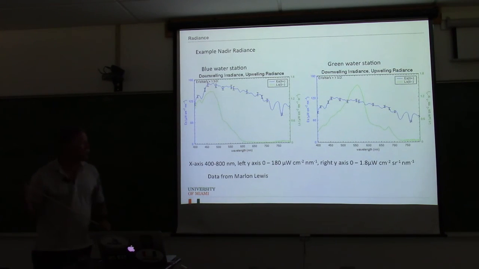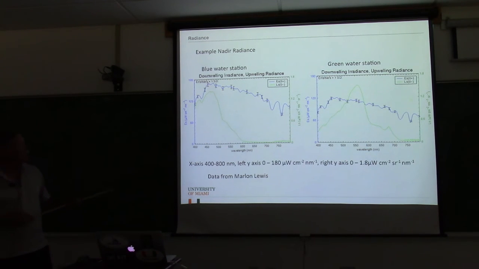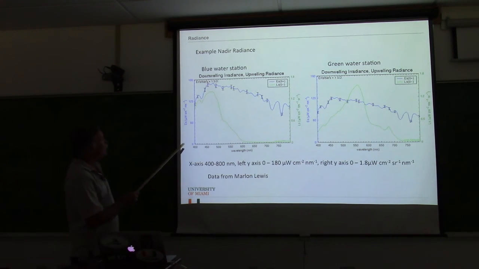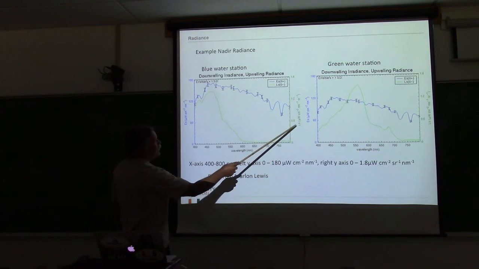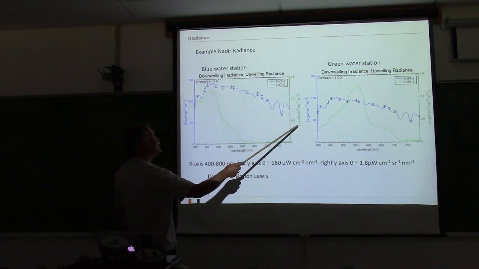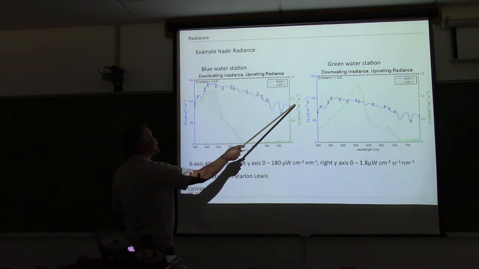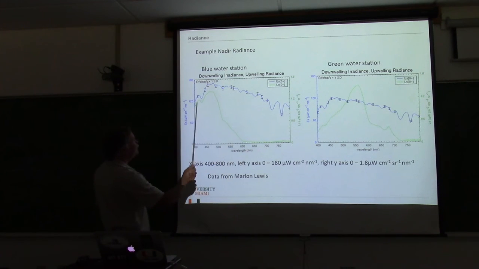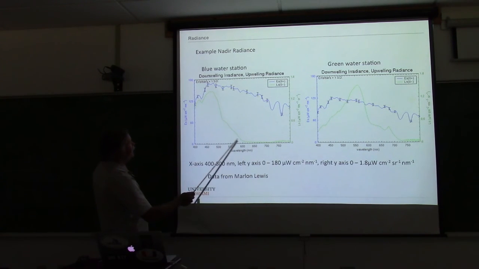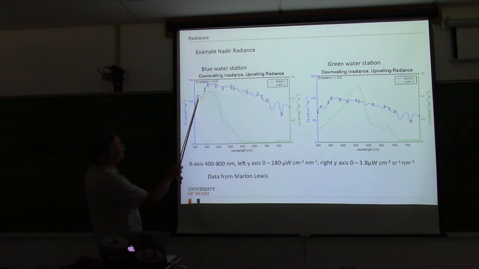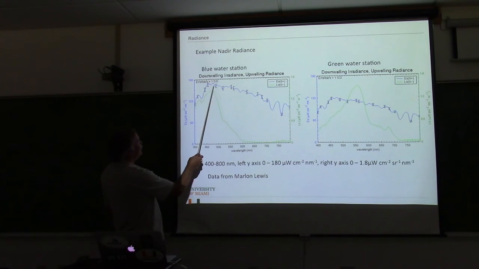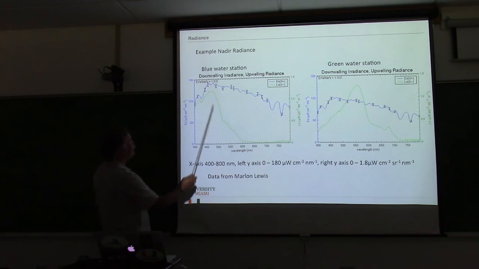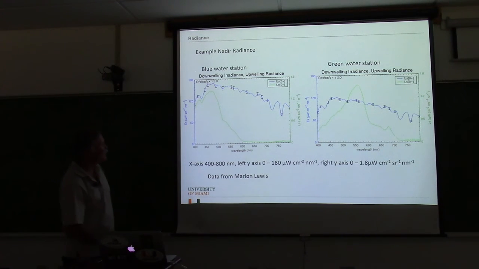Here's examples for nadir radiance to give you, once again, numbers. This is the sky irradiance, and here's the upwelling nadir radiance in microwatts per centimeter squared per nanometer per steradian, the green line. In this case, the blue water station, the downwelling light here is about 160 microwatts per centimeter squared per nanometer.